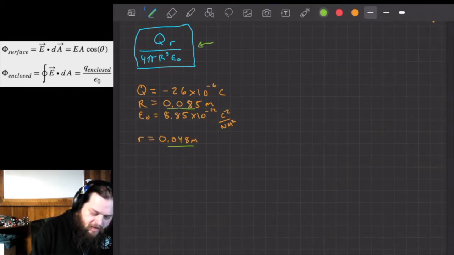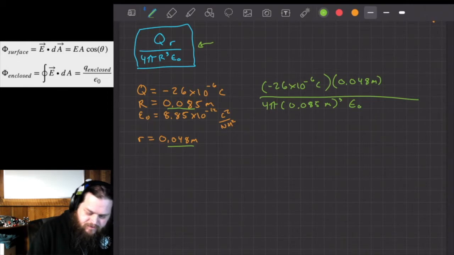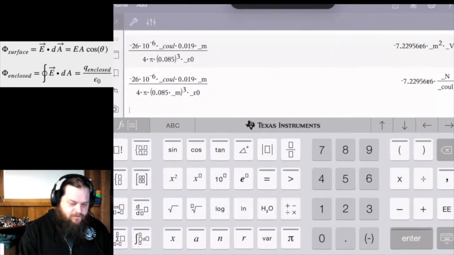So plugging it in, we have negative 26 times 10 to the negative 6 coulombs times our radius, 0.048 meters, divided by 4 pi times 0.085 meters cubed times epsilon naught. And that's going to be for our electric field, which is equal to, trust the calculator.